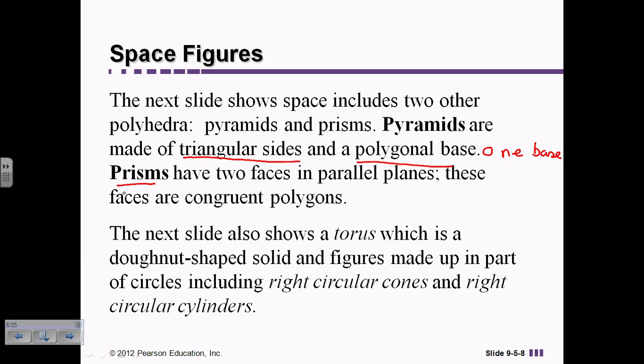Prisms, on the other hand, have 2 faces in parallel planes, and these are congruent polygons, so there are 2 bases. An example of a prism would be a fish tank, where you have a top and a bottom, or a tissue box, which is a rectangular prism. It's a solid shape that has a top and a bottom to it.